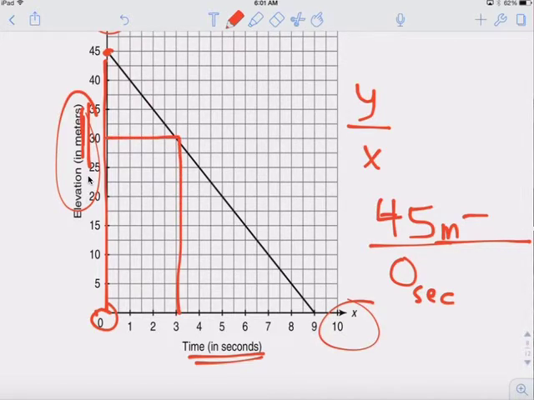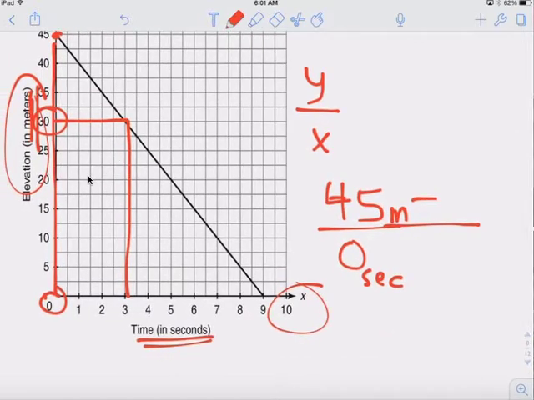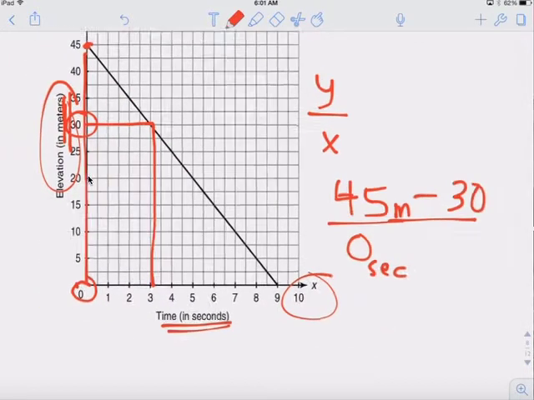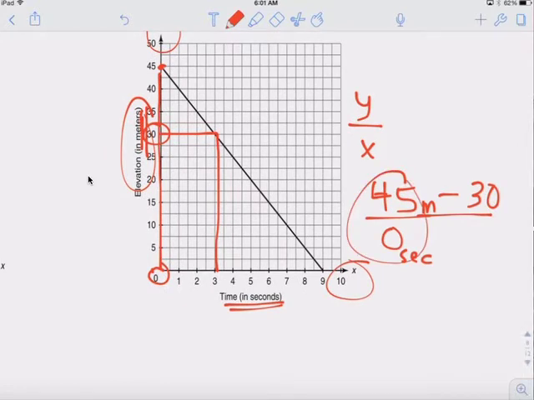So it's 30, y first, 30. This is our second point. Because this was our first point, we know that as x1, y1. This is our second point, which is 3 and 30. So we label that y2, x2.